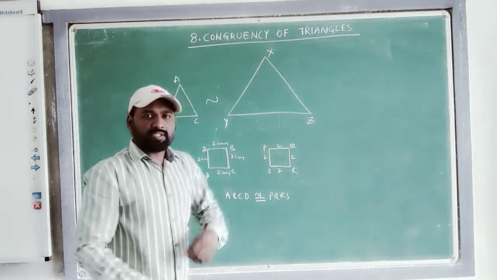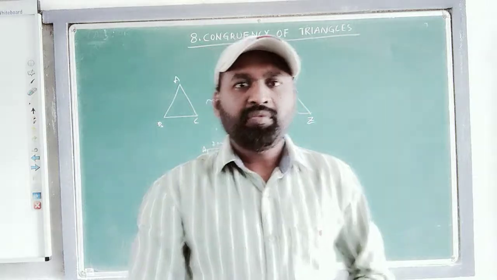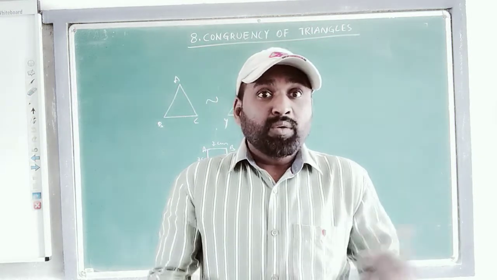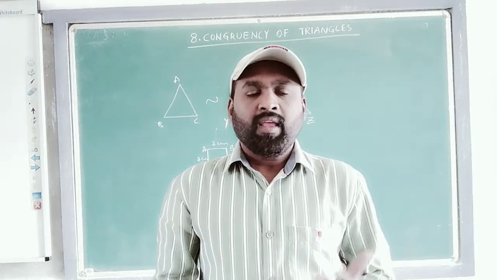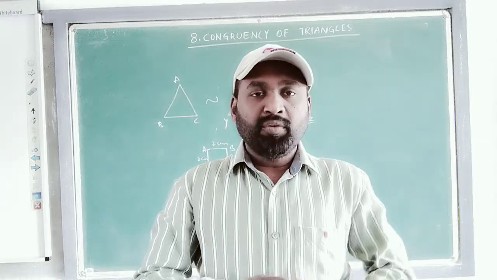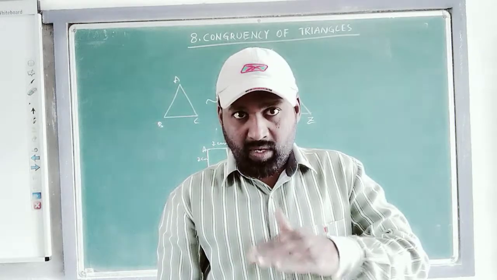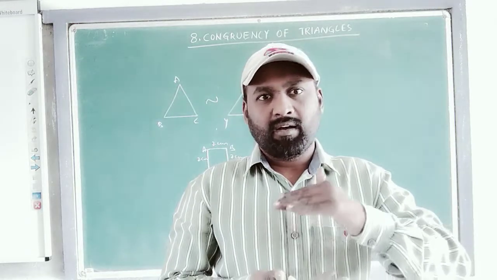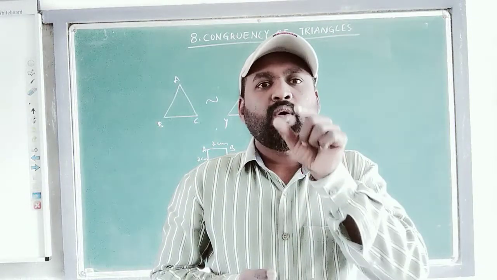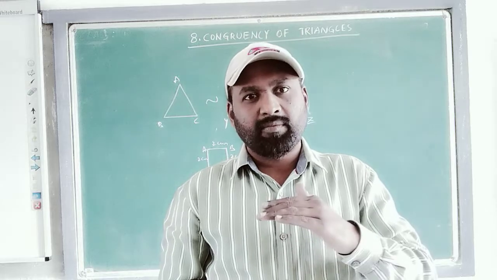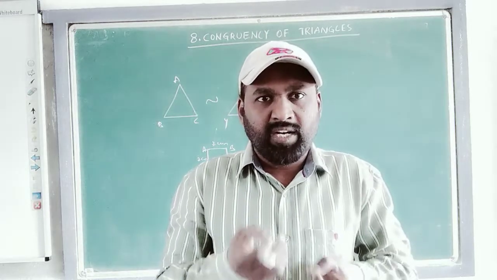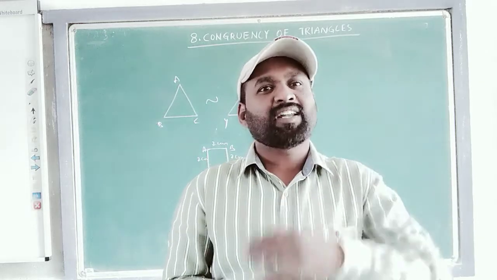Understand? In simple words, if you want to understand the meaning of congruency, you have to compare two things. If you place one upon another and, looking from the top view, you cannot see even a little part of the one kept underneath, then those two things are congruent.